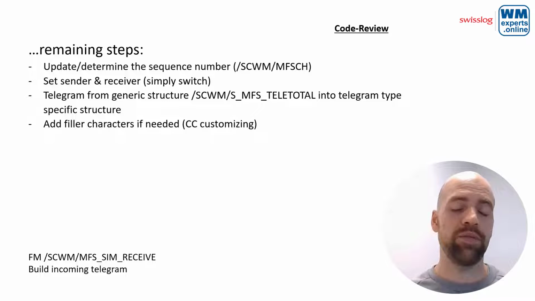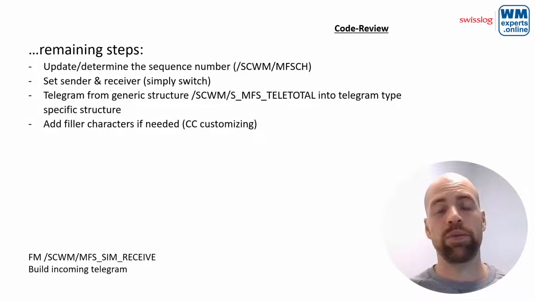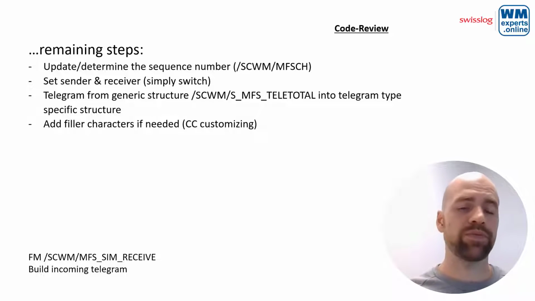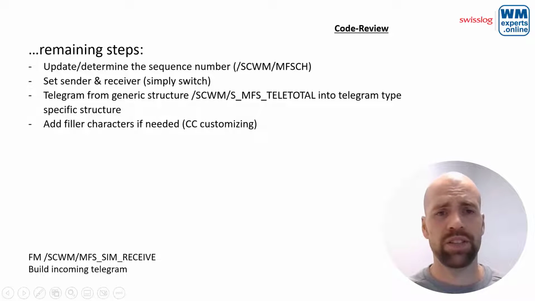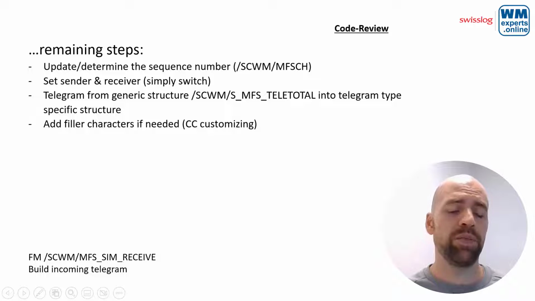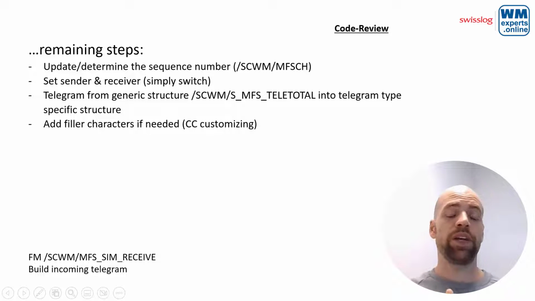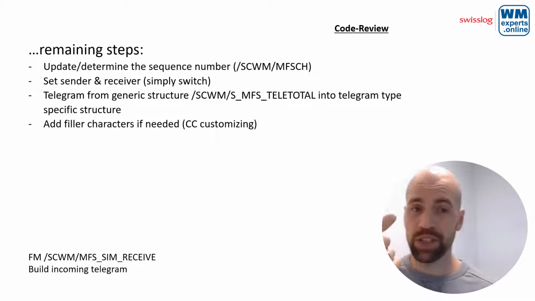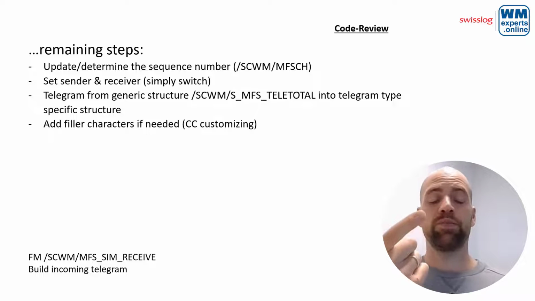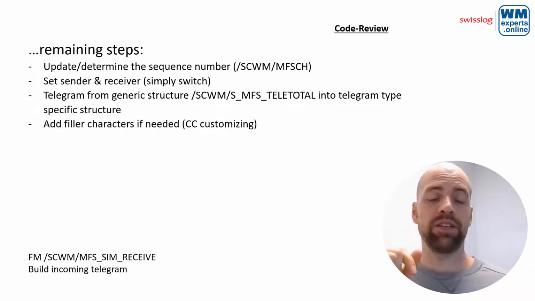So some additional steps before the telegram that we want to build is completely built and can be sent back to EWM. I didn't take screenshots of every single step here, but we are basically determining the sequence number for the telegram which we want to build. Then we set the sender and receiver, so we are basically switching sender and receiver based on the telegram that EWM sent to the emulation function module.